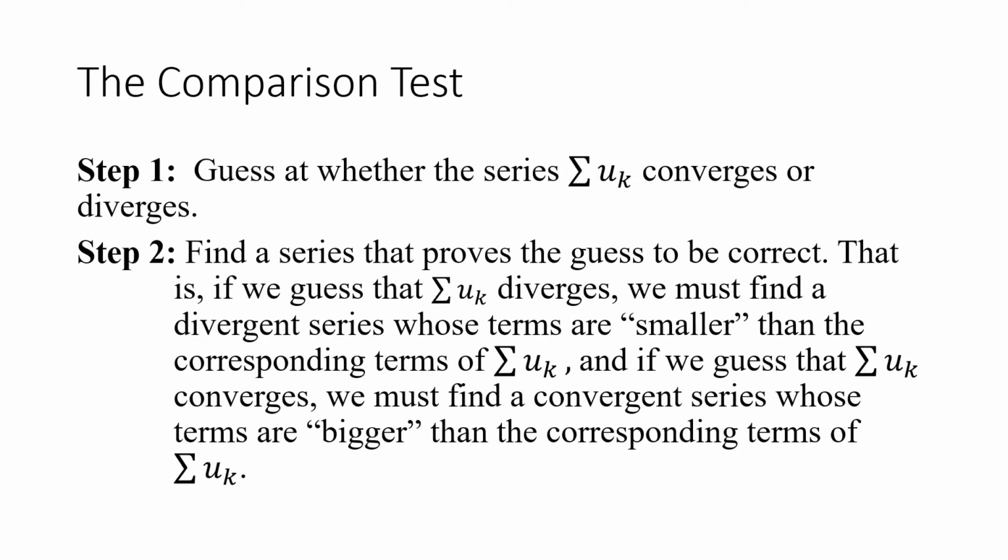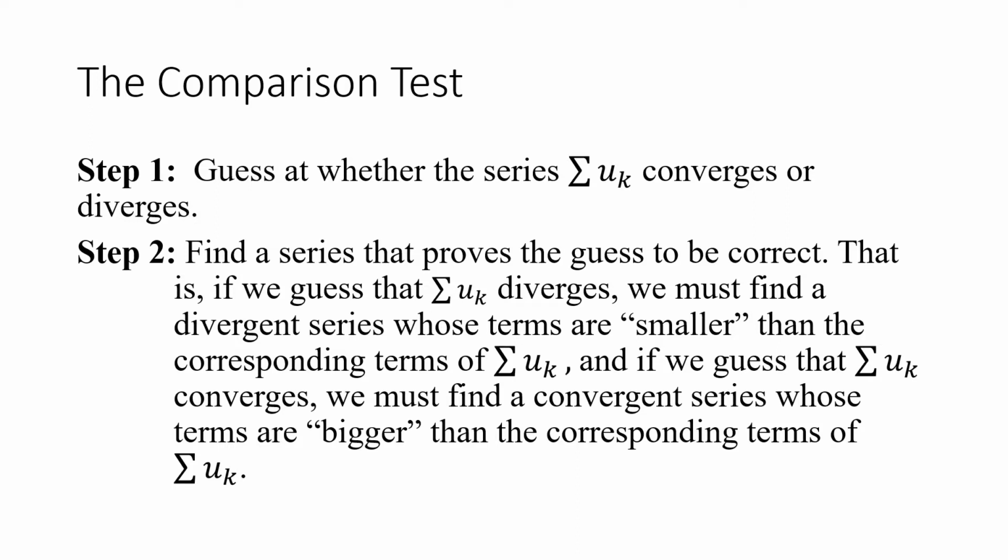Okay, in dealing with the comparison test, there are two steps required to determine whether a series u sub k with positive terms converges. The first is to guess whether the series u sub k converges or diverges. Then after that, find a series that proves the guess to be correct.